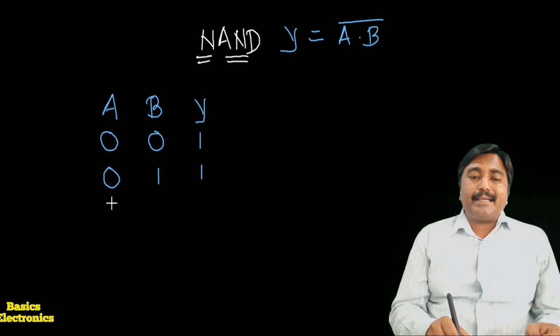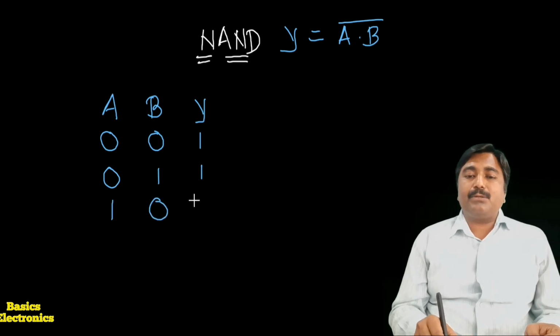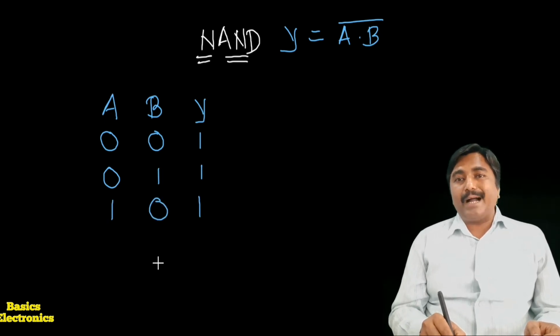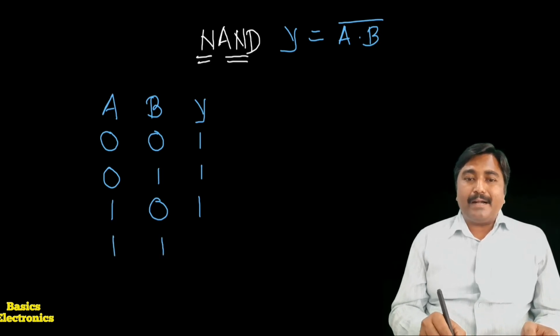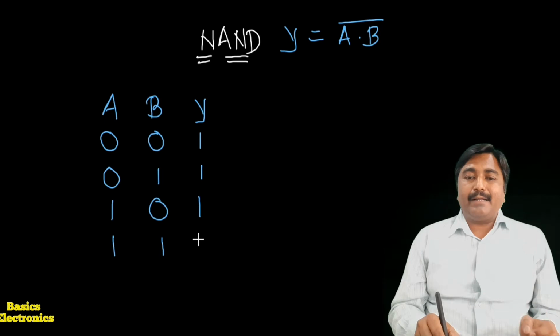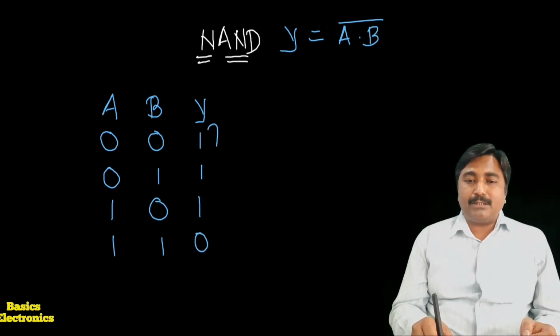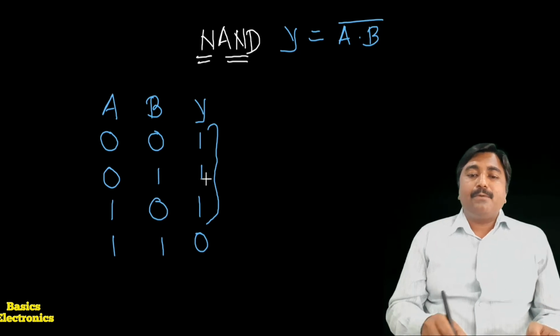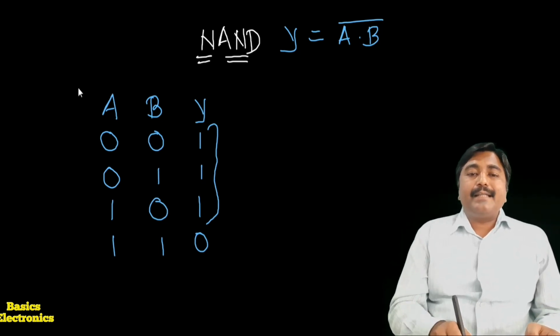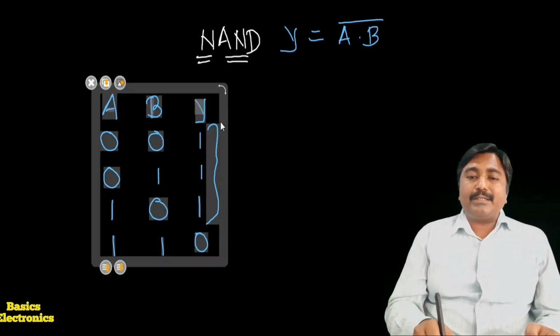If A is 1, B is 0, we again get output Y equal to 1. And if both A and B are 1, we get output 0.